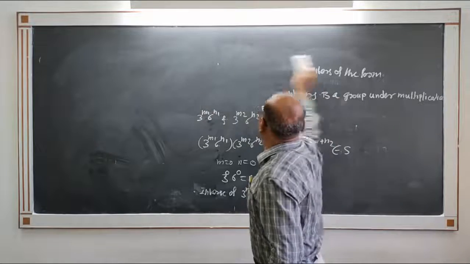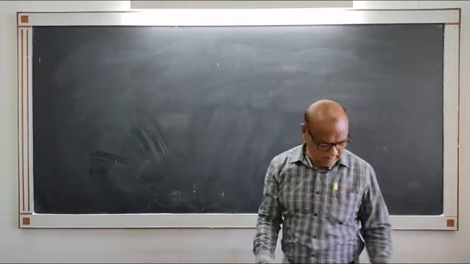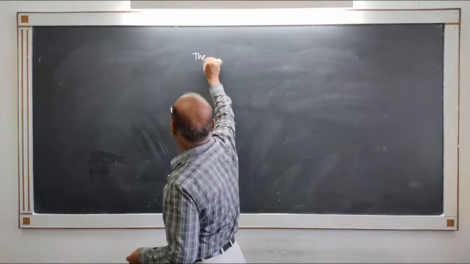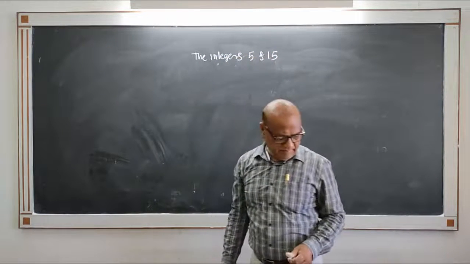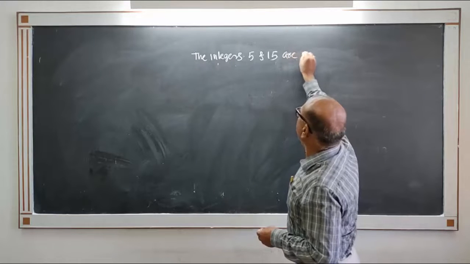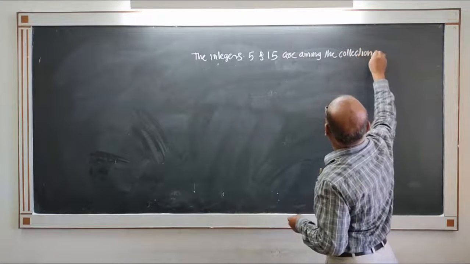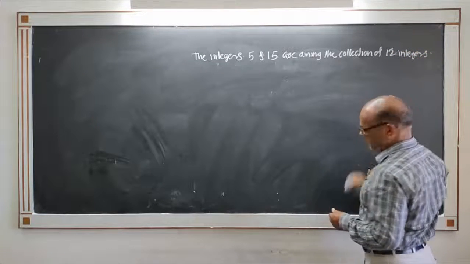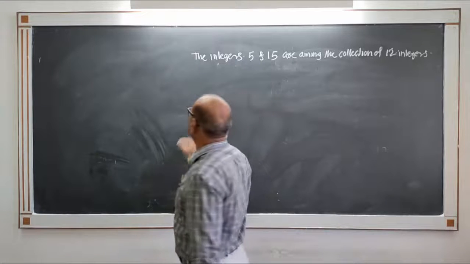Now one more example here. The integers 5 and 15 are among the collection of 12 integers that is a group under multiplication modulo 56.